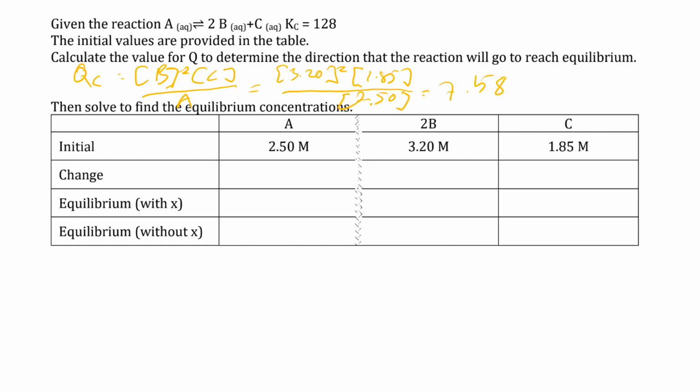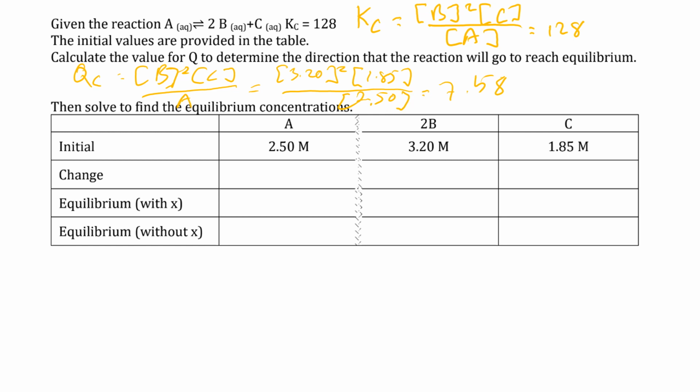Just so we're clear, my KC expression was B squared times C over concentration of A, and that's equal to 128. So we see here that my QC is less than my KC, therefore it has to proceed to products to make the Q bigger.